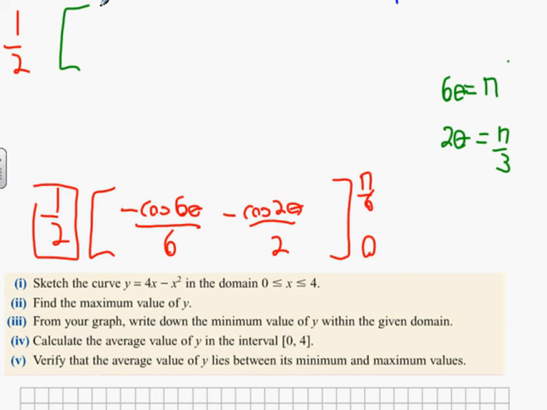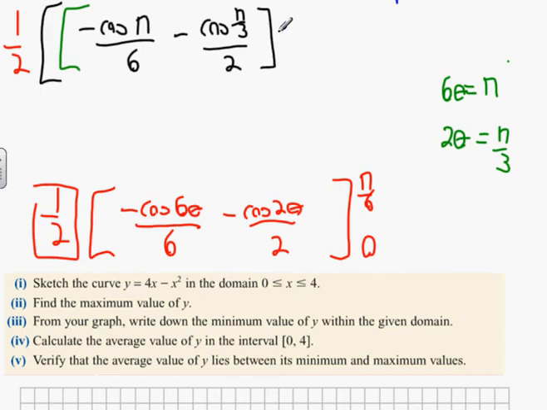So what we're going to have here is minus cos pi over 6, minus cos pi over 3 over 2. Then we have the minus brackets. This time it's going to be 0, so 6 theta is 6 times 0, which is minus cos 0 over 6.